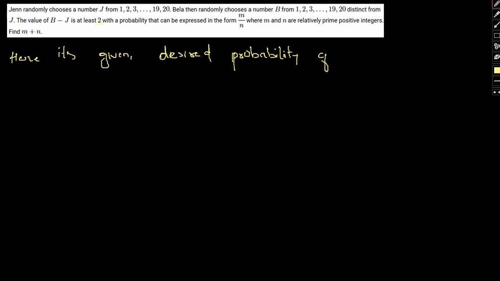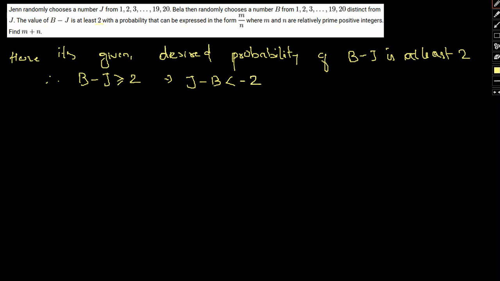So b minus j is at least 2, which can be further represented as b minus j greater than or equal to 2. Now j minus b will be less than or equal to minus 2.